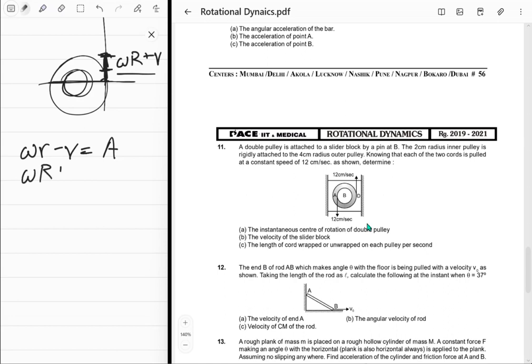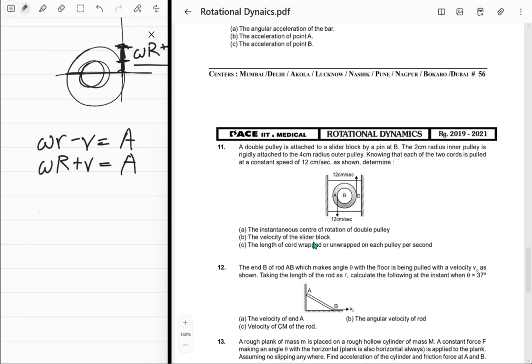Omega capital R plus V is also equal to A. So what we now want is the instantaneous center of rotation of the double pulley. That just helps us in finding what omega is, right, from this thing. So V is unknown, omega is unknown, right? We can figure out what these should be. Of course, we can do it. So V is equal to A times 1 upon capital R minus 1 upon small r. Oh, sorry. That's wrong. That's really wrong. Sorry.